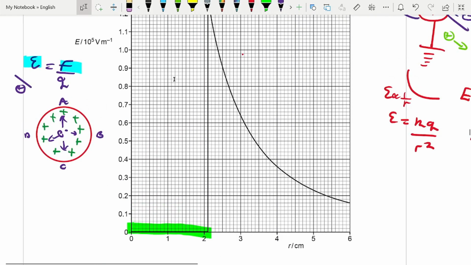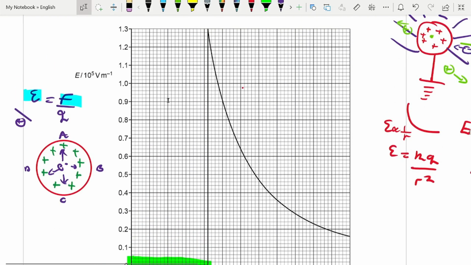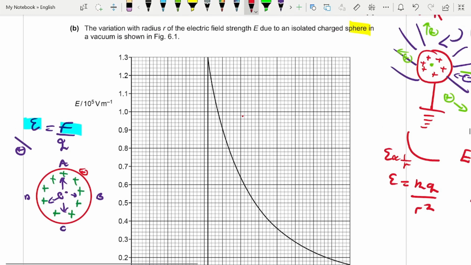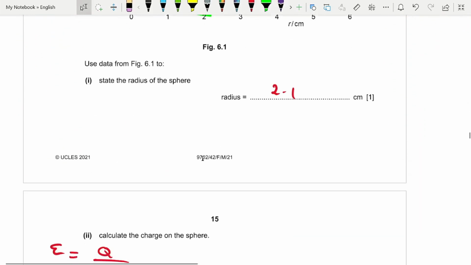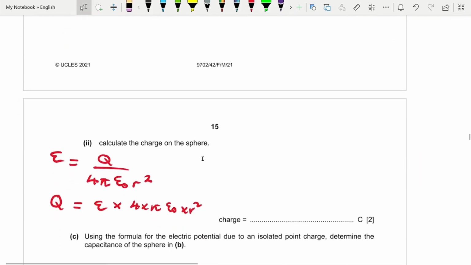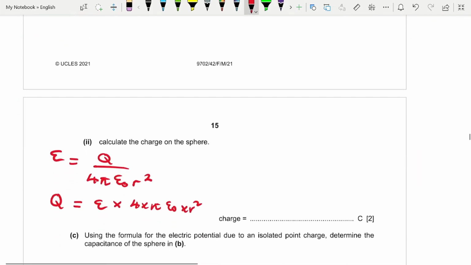I have a very confusing graph. I don't know what to do. So what I'm going to do is go exactly on the surface. If I were to put a little electron exactly on the surface, what is the force it's going to experience at that point? The force per unit charge is going to be this little thing over here, 1.3 times 10 to the power 5, exactly on the surface, right? This is so cool, guys.